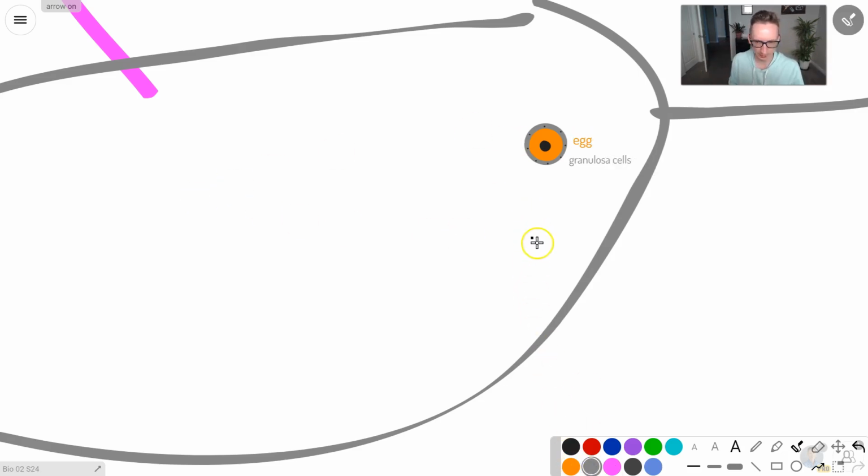The first thing that happens is these granulosa cells go through a bunch of division. The granulosa cells divide, so this whole thing just gets bigger. I'm just going to copy this, and this region just gets bigger. These would be the nuclei of the cells. I'm not going to draw them all in though.